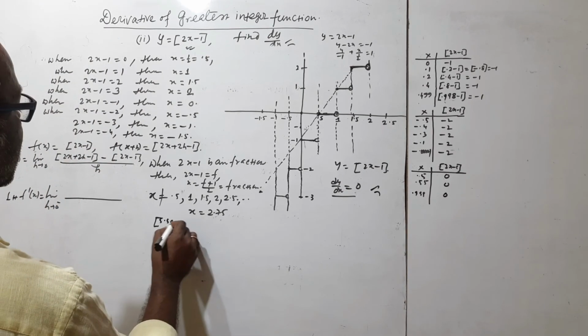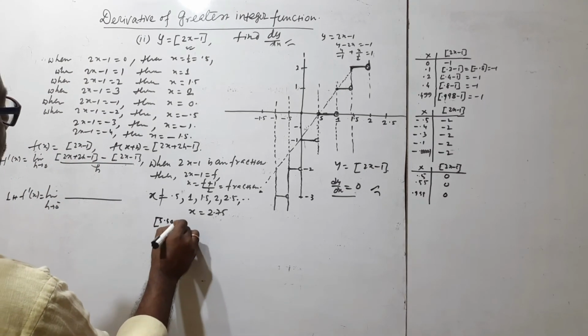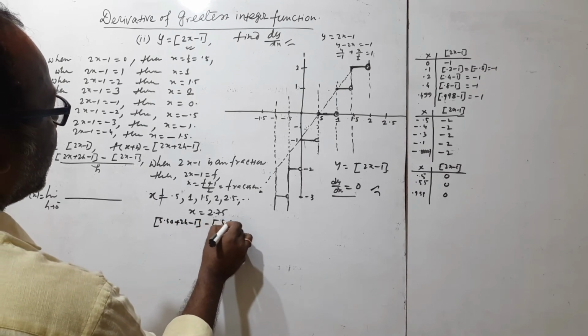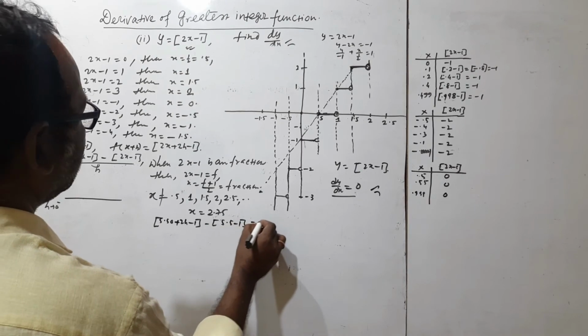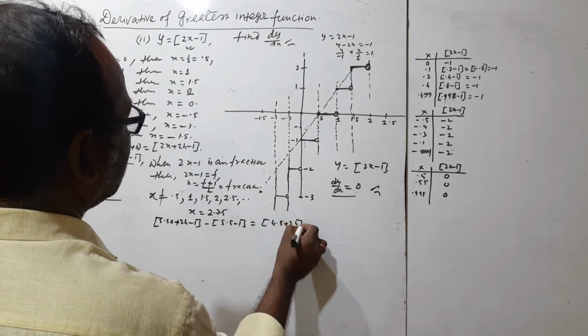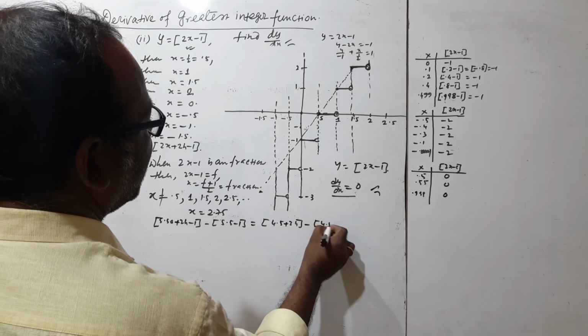Okay, plus twice h, this is minus 1, so plus twice h minus 1, and this is again 5.5 minus 1, that is equal to 4.5 plus twice h minus 4.5.